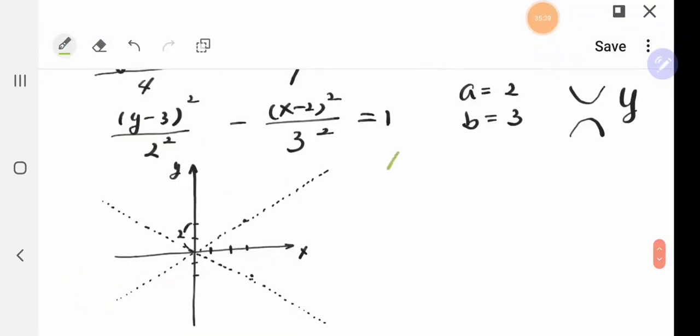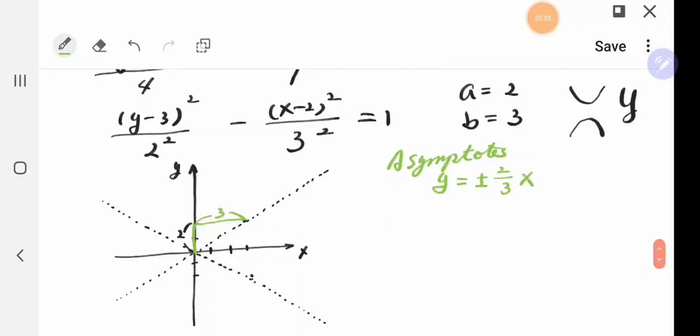For the asymptote, y equals, okay, this is 2 up, 3 right, 3 right, 2 up. So rise over run, so plus or minus, rise is 2, run is 3x. So these are the asymptotes.